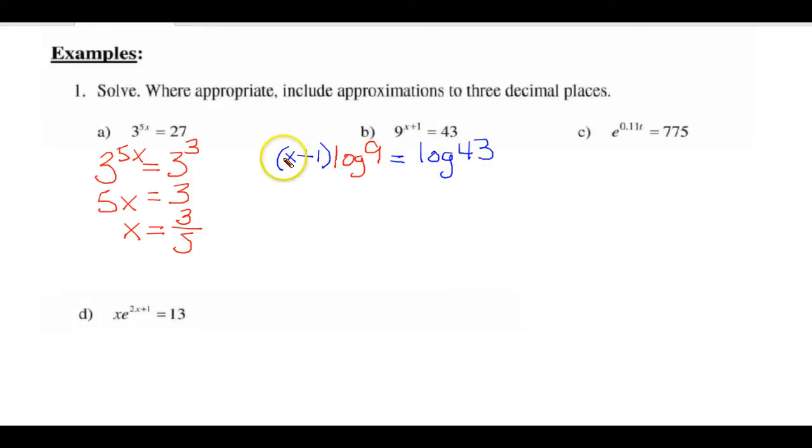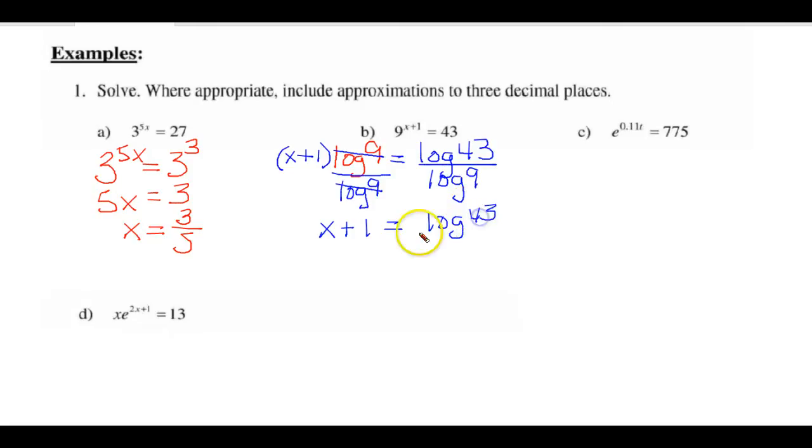Now, to isolate the x part, we're going to divide both sides by the log of 9. So this then cancels out, and we're left with x plus 1 equals the log of 43 divided by the log of 9.